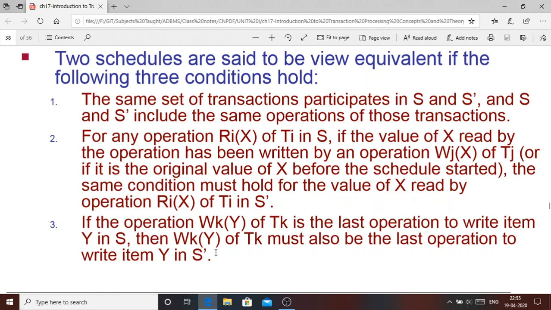So for all data items, whatever the write operation being performed by a particular transaction, the same write operation has to be the last operation to write that item in the other schedule also. So if these three conditions hold, then we say the two schedules S and S dash are view equivalent.